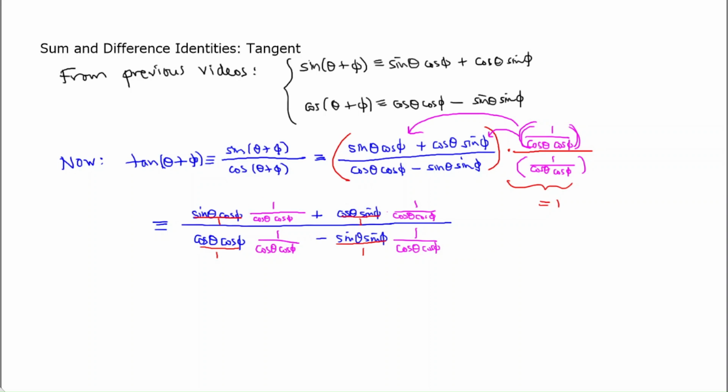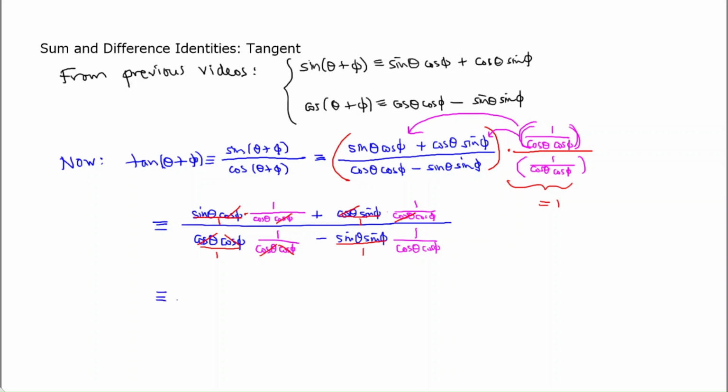Now when we do that, I have a fraction times a fraction in the upper left here, and we get cosine phi to cancel. The next one in the numerator, I'm going to get a cosine theta to cancel. First one in the denominator, I actually get everything to cancel, and then nothing cancels in that second term in the denominator.